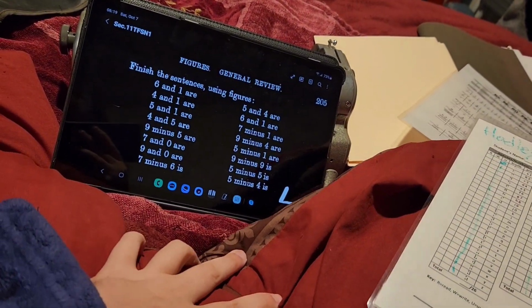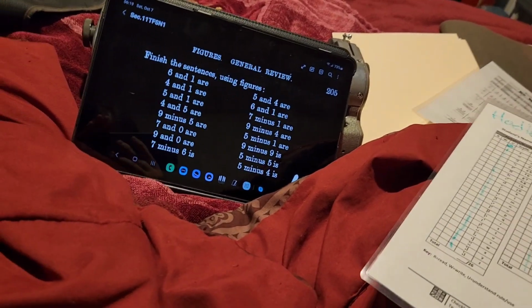And hopefully by having to transcribe some of this stuff, as laborious as it's going to be, some of this Braille will fall back into my head.